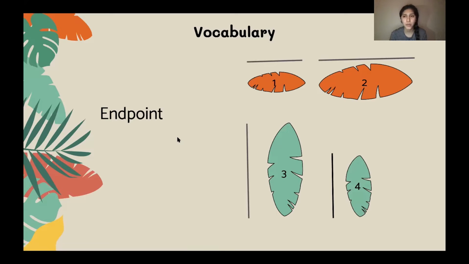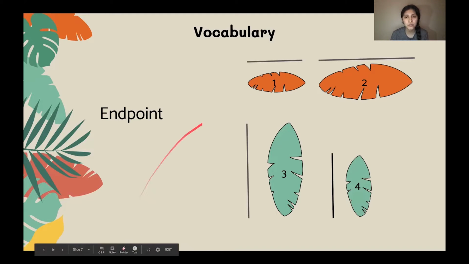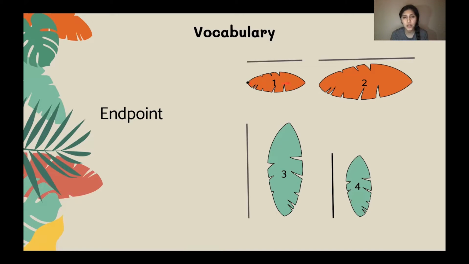What is an endpoint? Endpoints are actually where the object is being measured. So the starting of where you start and where you end measuring it. So that's where you would start and you would end right there for leaf 1.